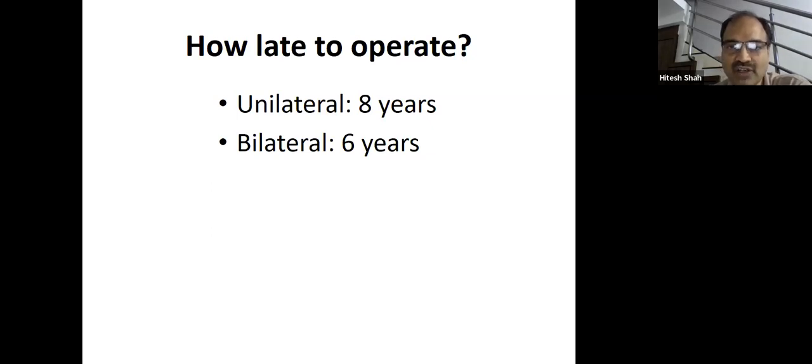If the head is not reduced, don't do Salter, don't do Pemberton, don't do Dega, do not do salvage operations like Chiari or shelf. All the acetabular osteotomies are indicated if the head is reduced. I will repeat, all the acetabular procedures are indicated if the femoral head is inside the acetabulum.